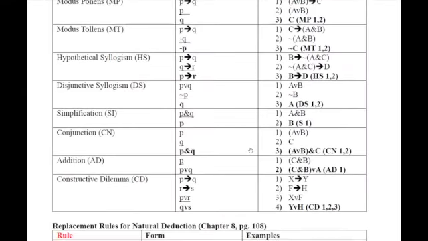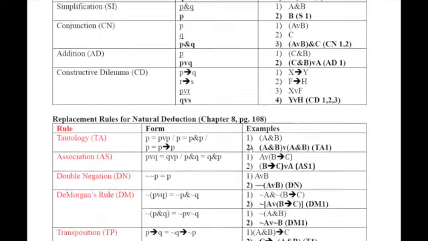Okay. How will we get B? Should we look over at the replacement rules? Is there a replacement rule that's going to do that for us?